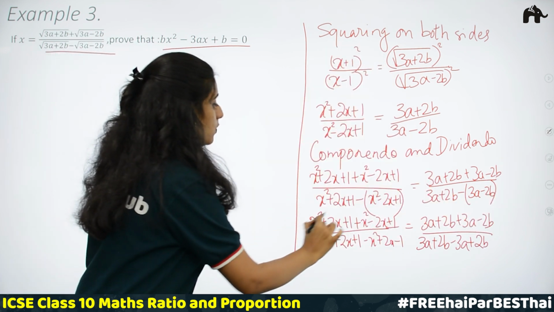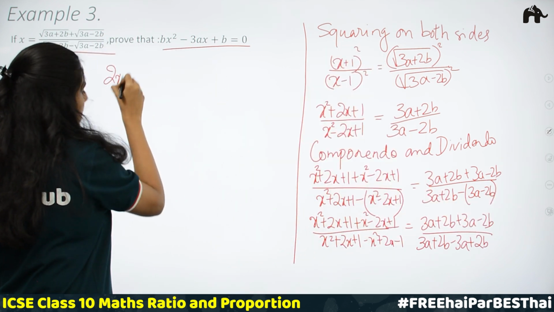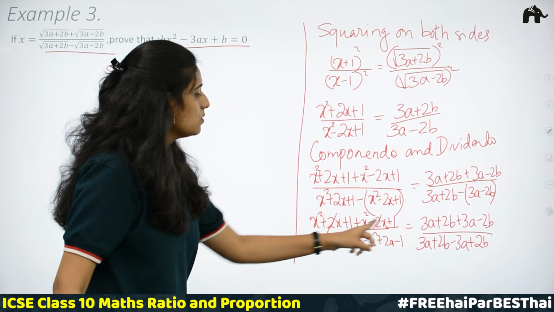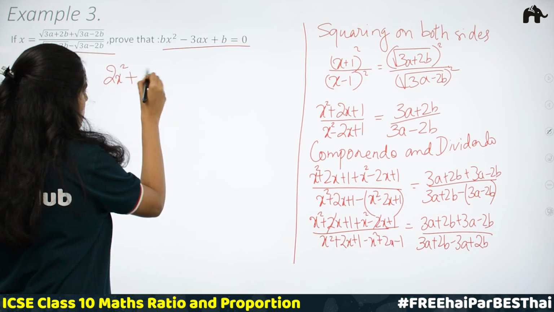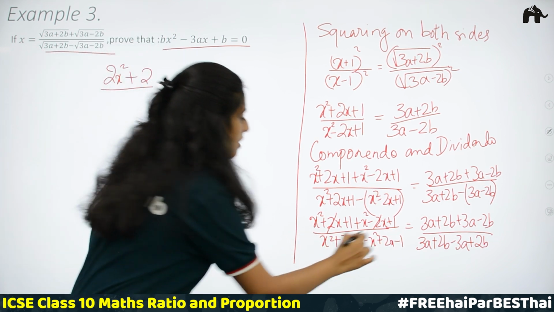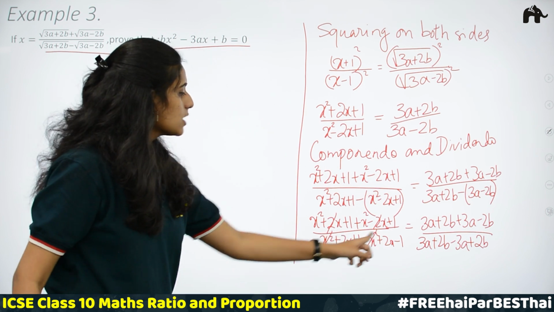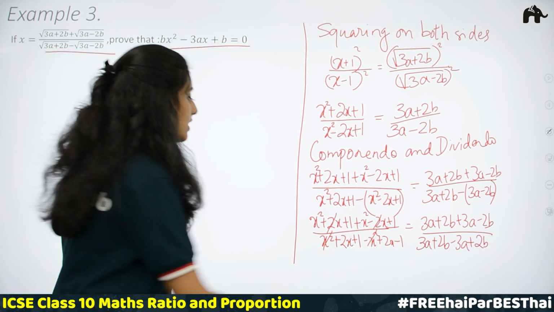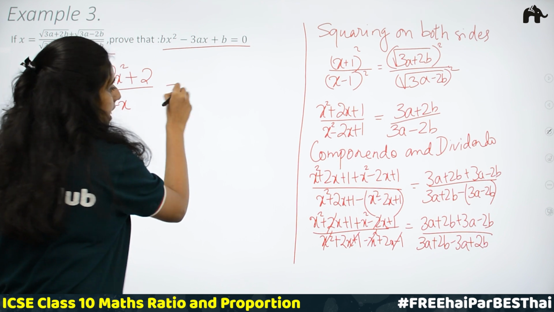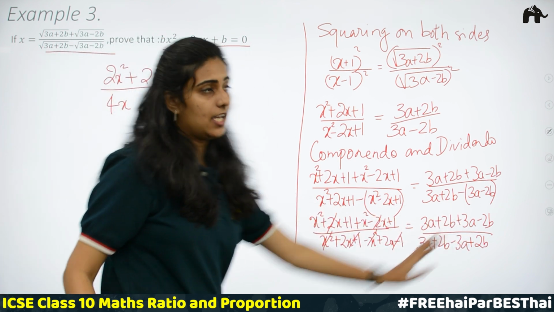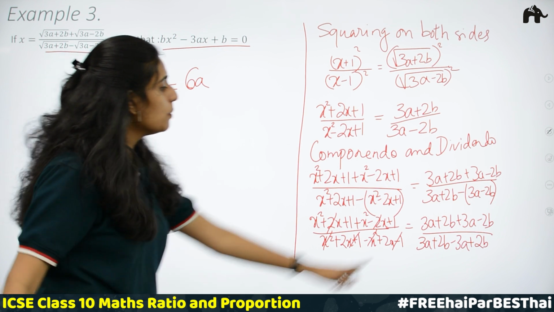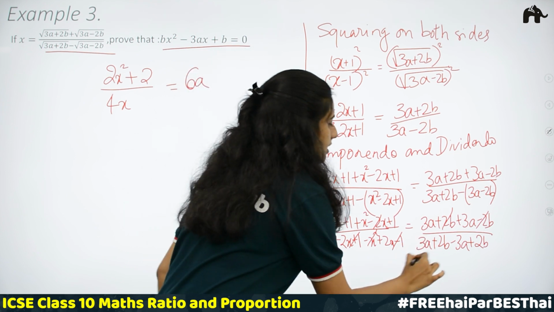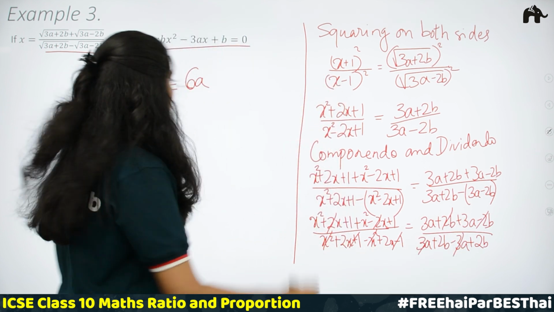That is x square plus x square, 2x square; 2x minus 2x can be cancelled; plus 1 plus 1 is plus 2, divided by x square minus x square can be cancelled; 2x plus 2x, 4x; plus 1 minus 1 can be cancelled. Opposite side, 3a plus 3a that is 6a; plus 2b minus 2b cancelled; 3a minus 3a cancelled; 2b plus 2b that is 4b.